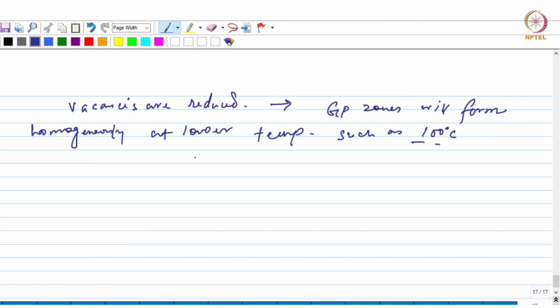So in order to make sure that the GP zones are forming homogeneously, because that is a requirement for the homogeneous formation of the precipitate, as I said before, a two-stage aging is done in this case. In the first stage, the GP zones are formed, and once the GP zones are stabilized, the temperature is further increased for the precipitation to occur.